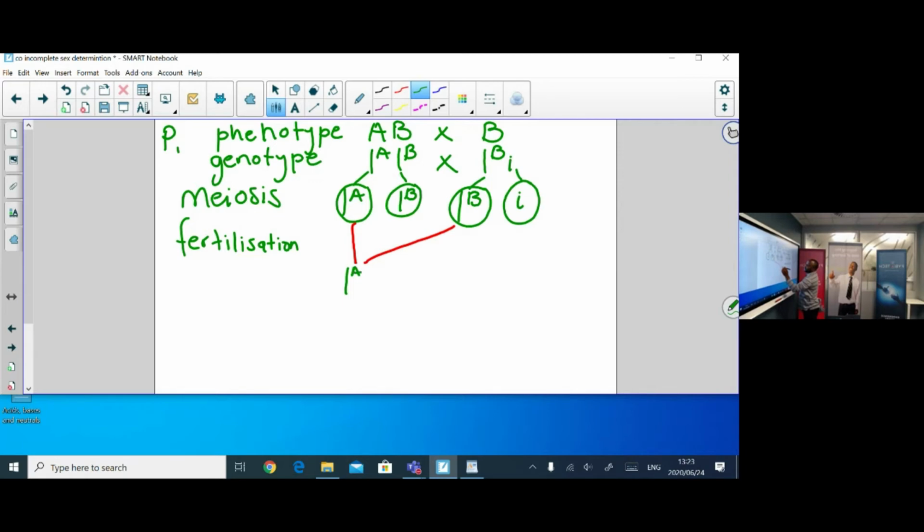We get A and we get B. Your codominants are A and B. We got this one and this one. What do we get? We get A and O, which is an I. Next, this one and this one.